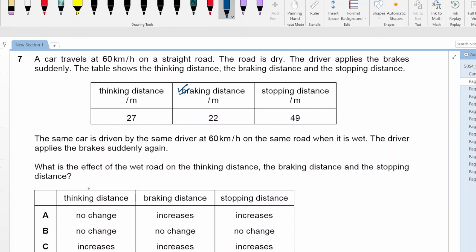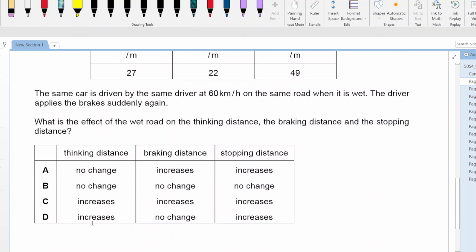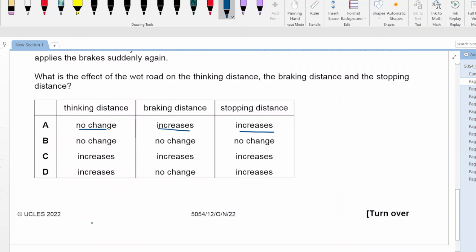Therefore, braking distance would increase in this case. And since stopping distance equals thinking distance plus braking distance, therefore stopping distance also increases. Now, see, thinking distance no change, braking distance increases, stopping distance increases. Therefore answer is A. Right, A.